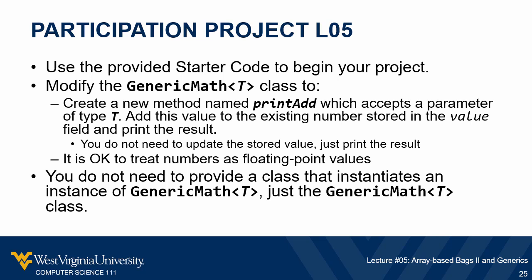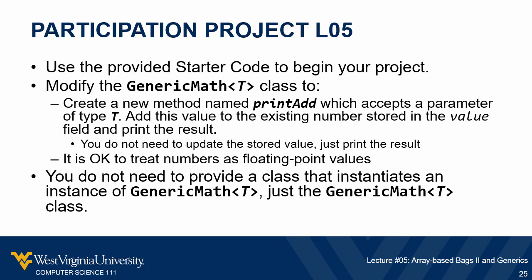I want you to add the value of the parameter that we passed to printAdd to the existing number that's stored in the value field. And I want you to print the result. I have a note here that you do not need to update the stored value, just print the result of adding things together.